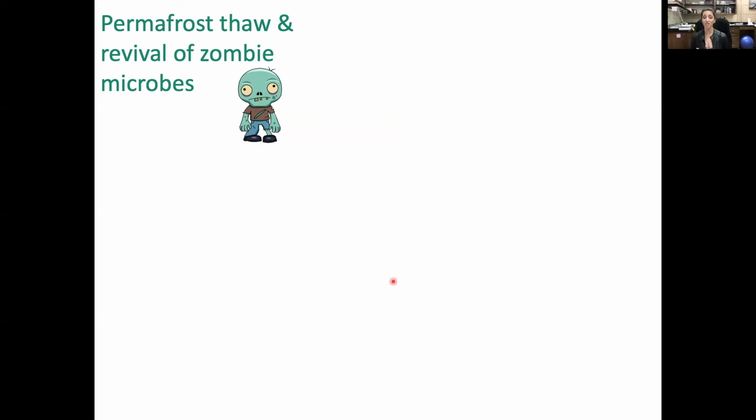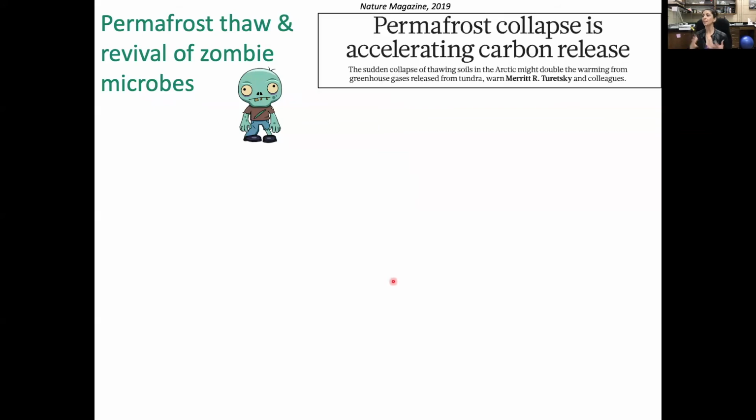So how this intersects with the carbon cycle is that permafrost collapse is accelerating carbon release. Not only are we unlocking those previously frozen microorganisms, but we're also unlocking the carbon that those microbes can respire, turn back into CO2, and send that CO2 into the atmosphere.